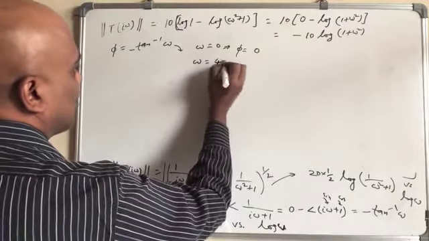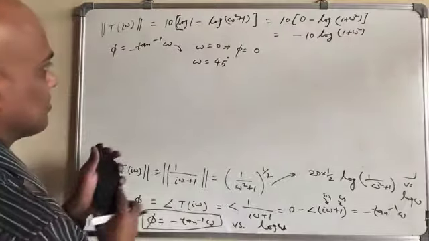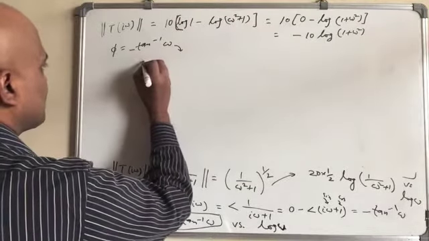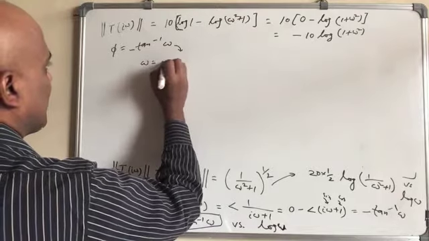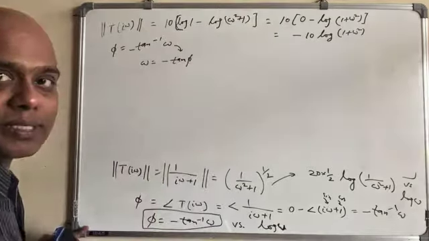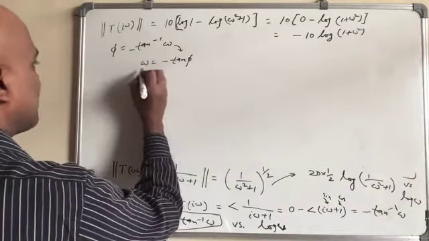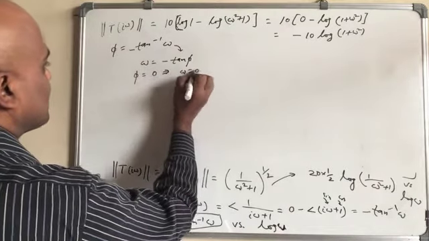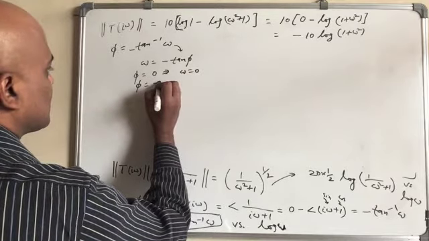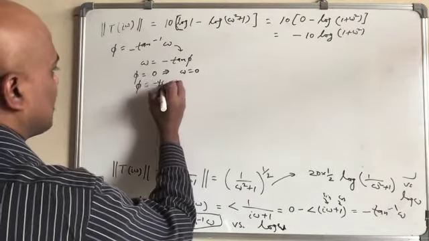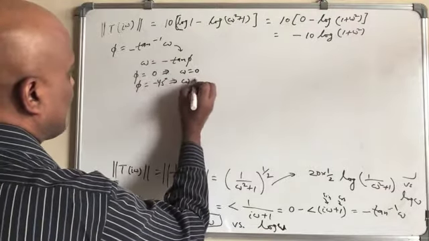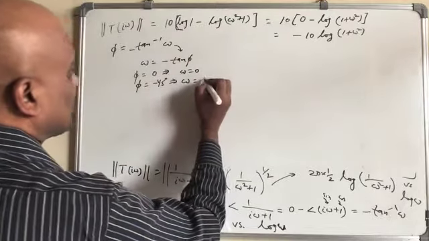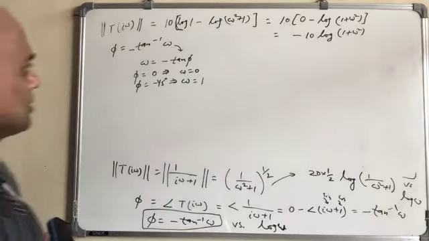For phi equal to minus 45 degree, that means omega equal to 1, since tan of 45 degree is 1. Okay.